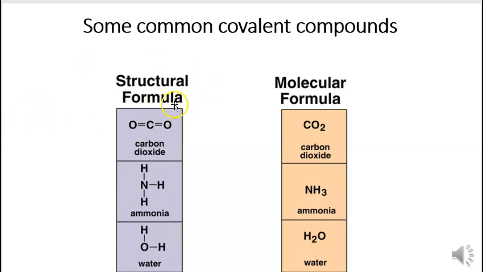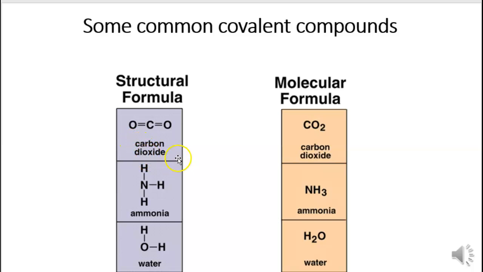You can come up with a structural formula by first drawing the Lewis dot structures for each atom, for the carbon and for an oxygen, and figuring out how many electrons each atom needs to fill the orbital.